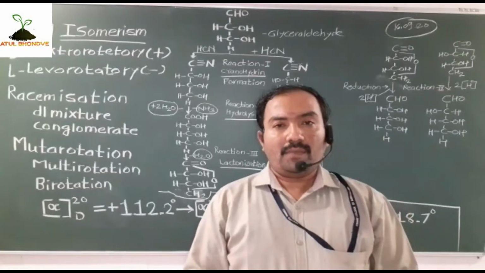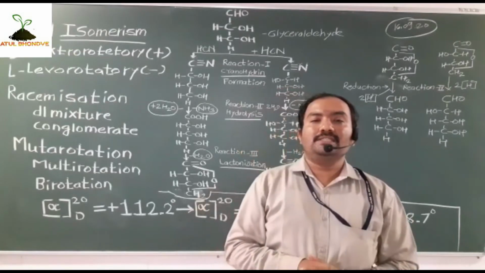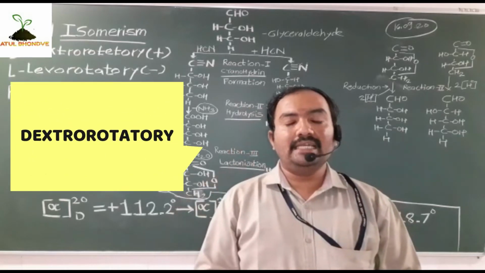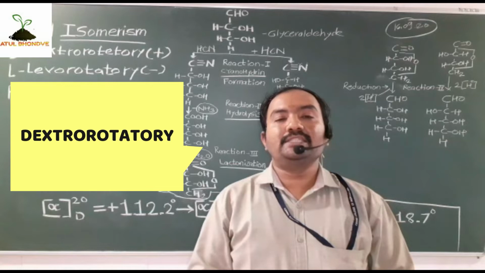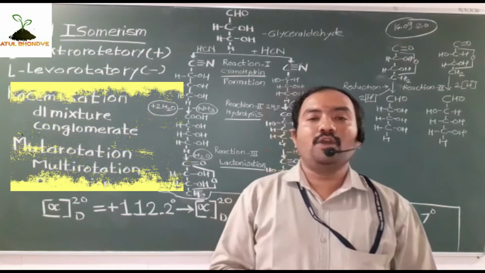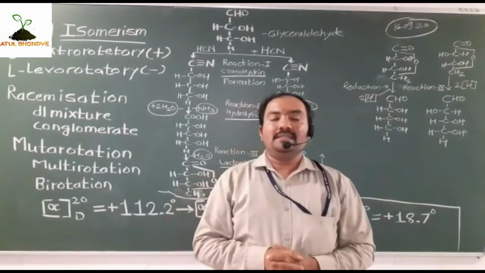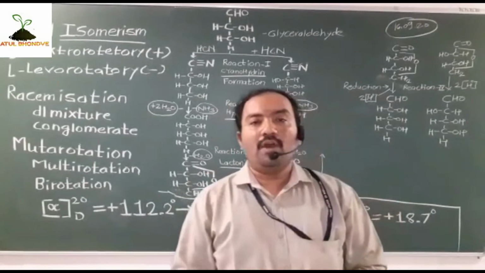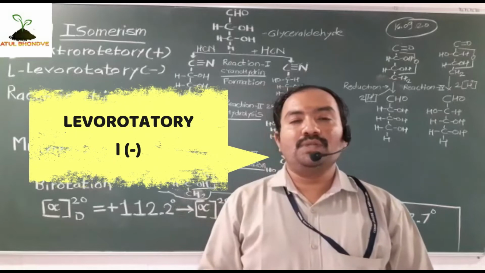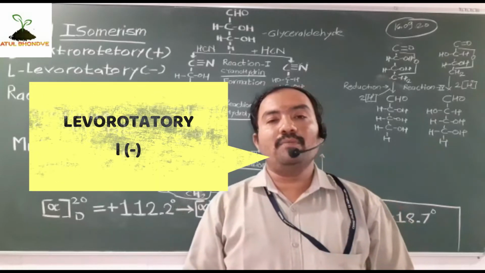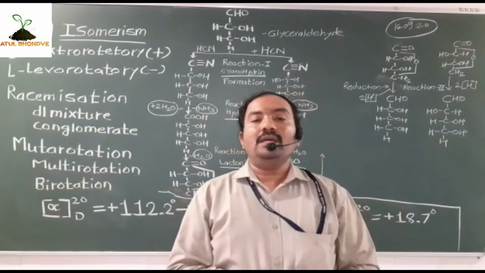Students, when a substance is responsible for the movement of the plane of polarized light towards the right side, such compounds are called dextrorotatory and denominated with D or the plus sign, and a compound responsible for the movement of polarized light towards the left side is called levorotatory and denominated by L or the negative sign.